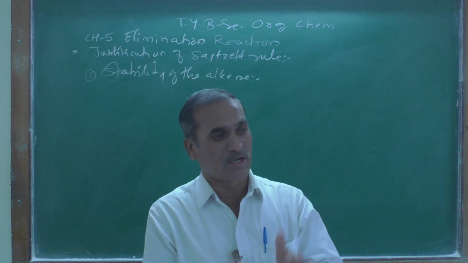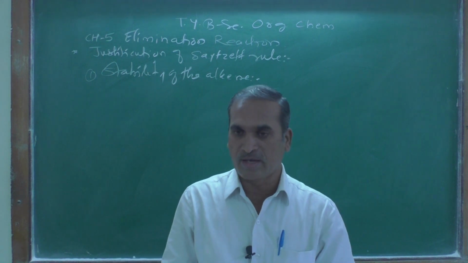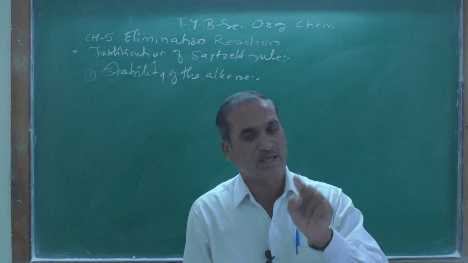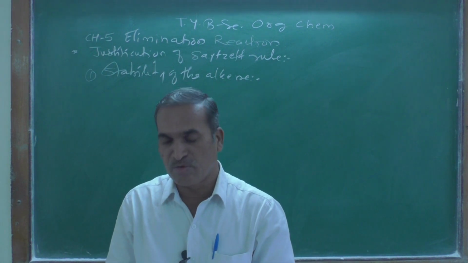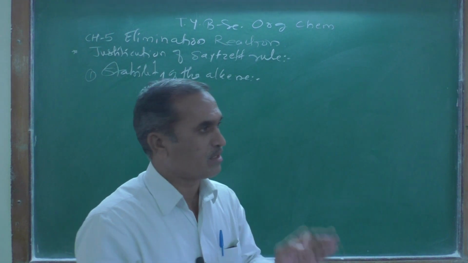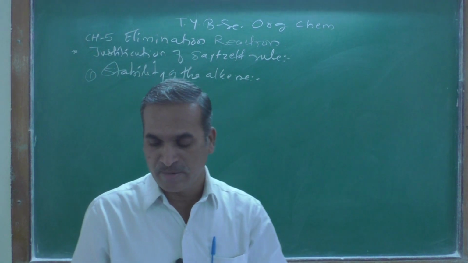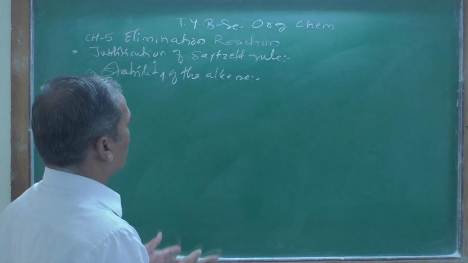And let us see, if it is a more substituted alkene, in that more substituted alkene the alkyl group exerts a plus I inductive effect, and therefore the stability increases. And before that, let us see the hydrogenation energy, where hydrogen atoms are added across the carbon-carbon double bond.